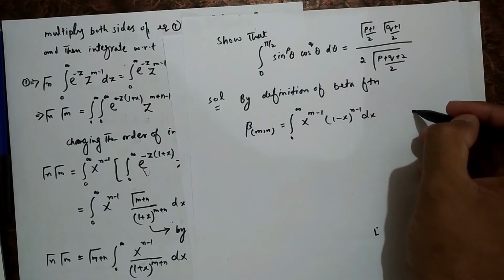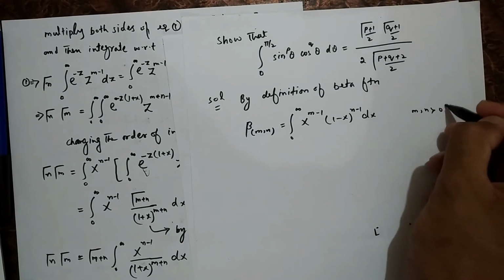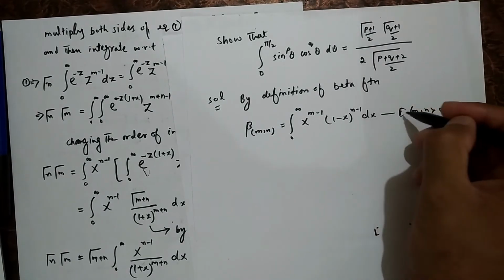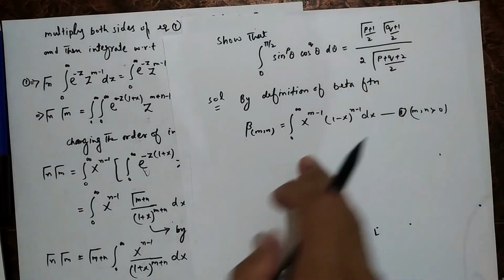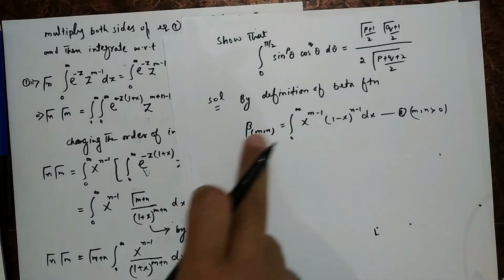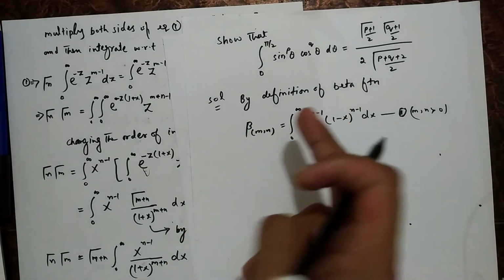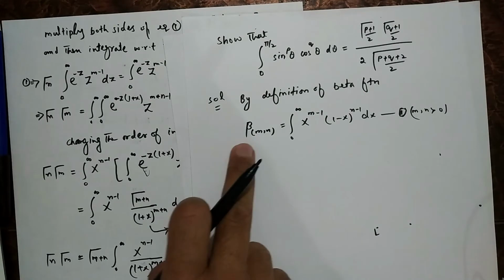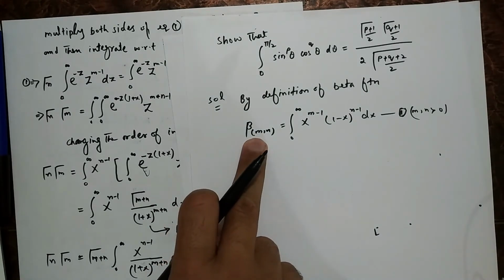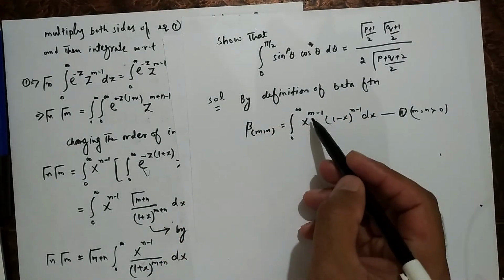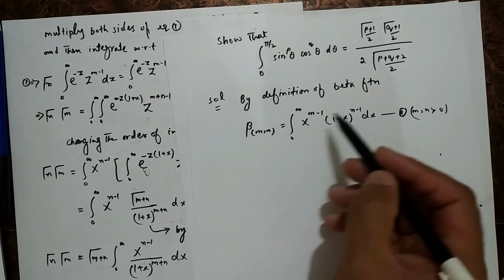Here both m and n are real numbers. Let this be equation number 1. So you can write any constants here. We have mn, pq, lm, whatever we have. So everywhere we have a value, we should write that value here.